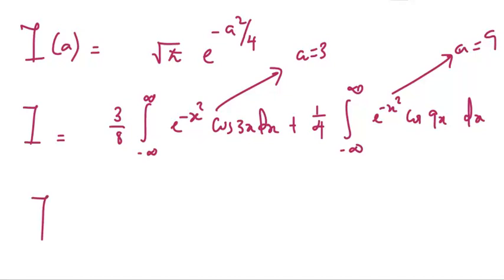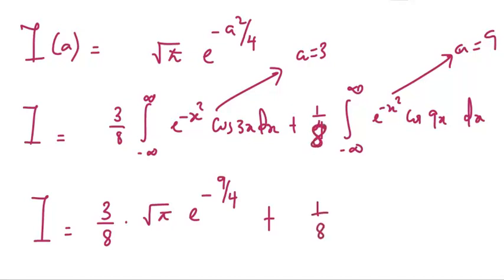So this gives I equal to 3 by 8 multiplied by the square root of pi times e to the negative 3 squared over 4, which is 9 over 4. And then plus 1 by 8. Oh, don't forget this is 8 here. Sorry for that. Then multiply by the square root of pi times e raised to the power of negative 9 squared over 4, which is 81 by 4.